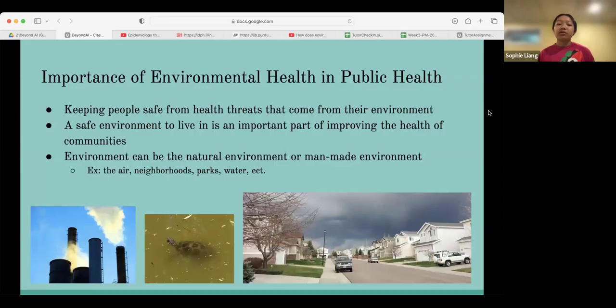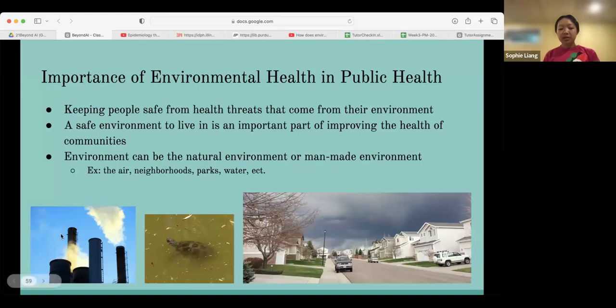The environment can be the natural environment, like the air and the water, or parts of a man-made environment. So that could be neighborhoods, parks, water, buildings, your house, maybe even a single room that you spend a lot of time in.